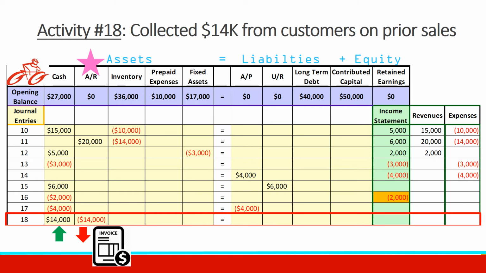Why is that? It's because back in activity 11, we booked the revenue associated with that transaction. So we've already recognized the revenue associated with this transaction. All we're doing right now is saying that that unpaid balance that they owed us, a portion of it has been paid off.